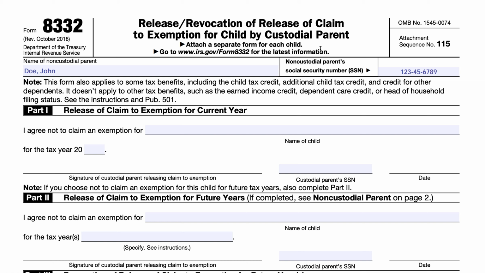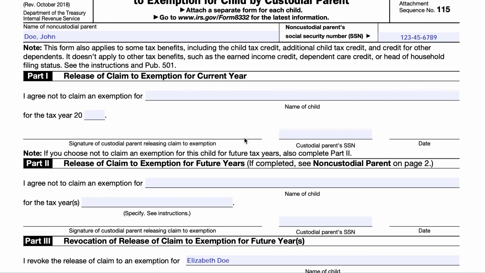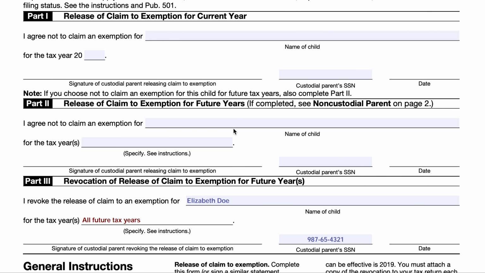So let's just say John Jr. is another child, and Mary Jane wants to revoke her claim of release to Elizabeth Doe, but she does not want to revoke her claim of exemption to John Jr. So she wants John Sr. to be able to still claim that.